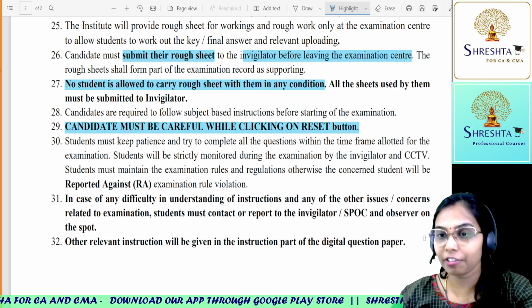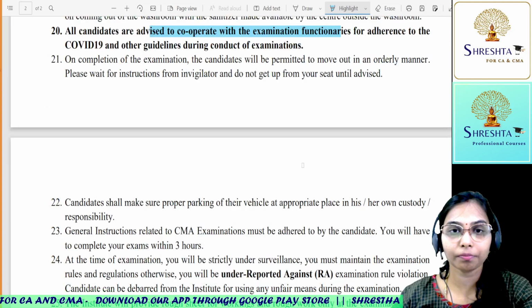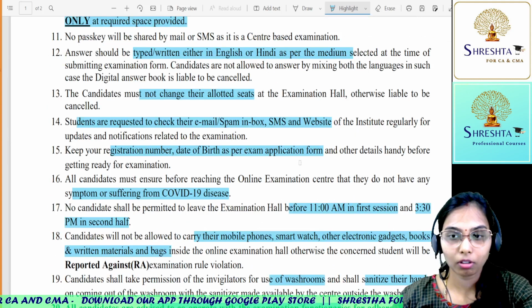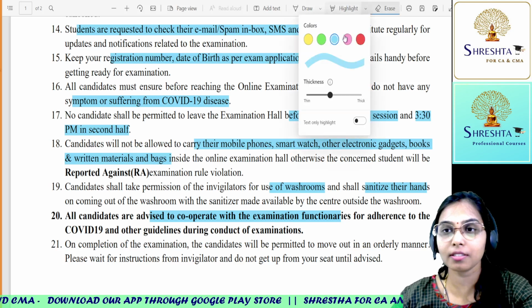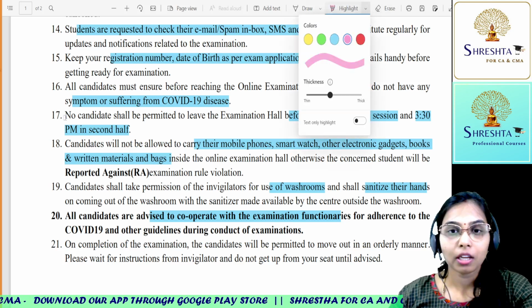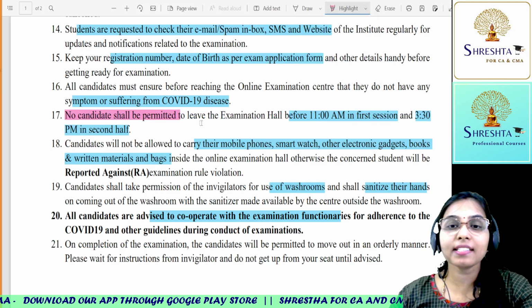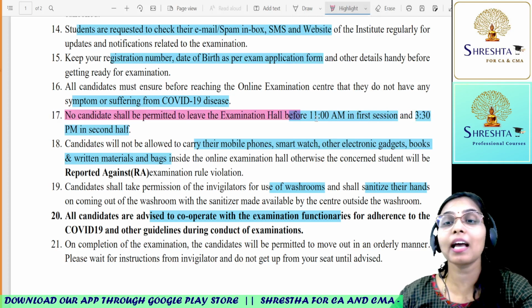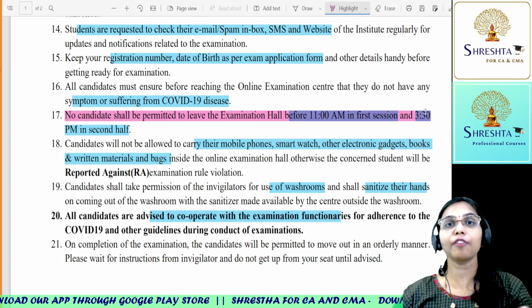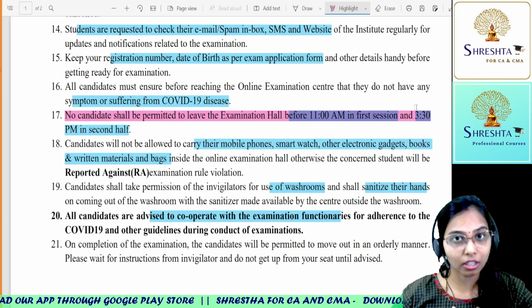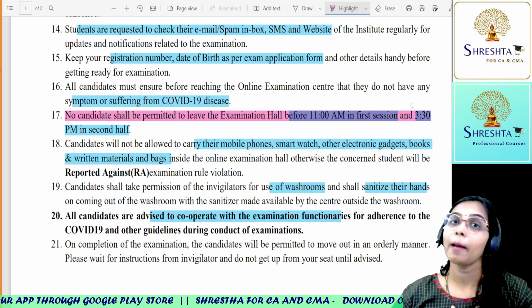I think I have given you all the information. Yes, one very important piece of information is this: no candidates are permitted to leave the examination hall before 11 a.m. in the first session. If you are coming for the first session, you can't leave before 11 o'clock.